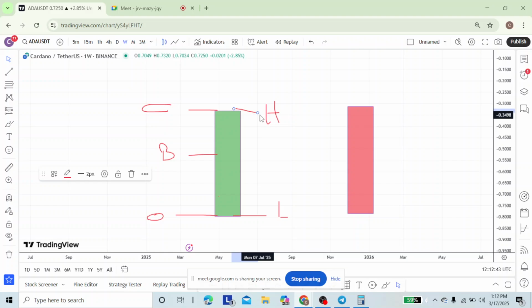A candlestick needs to close before you know the type of candlestick it formed. So when this candlestick closes like this, we now get the information that this is a bullish Marabozo, which tells us that buyers are in the market.